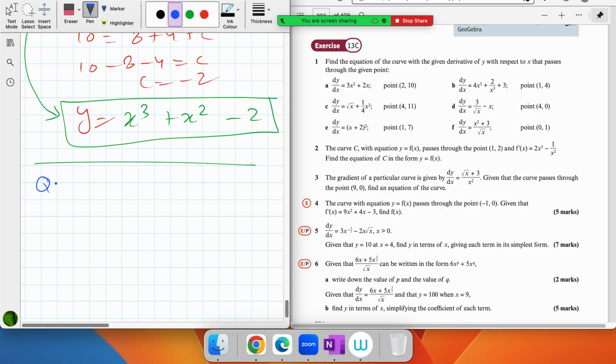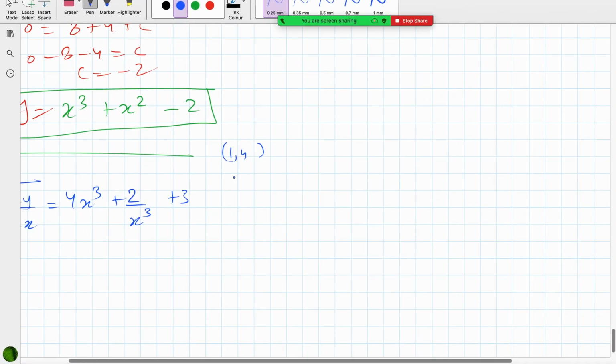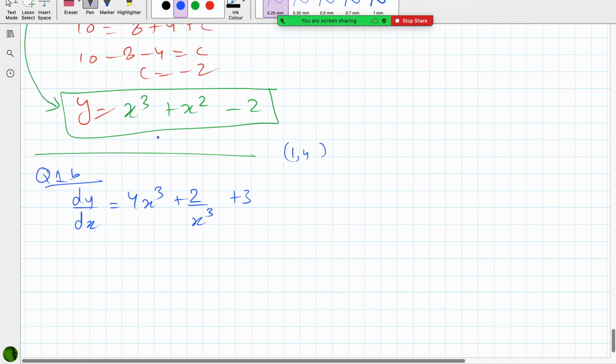So question number 1b. dy by dx is equal to 4x cube plus 2 by x cube plus 3, and it is given that it passes through (1, 4). Before I start, I'm just rearranging the equation to make it a little simpler: 4x cube plus 2x to the power minus 3 plus 3.